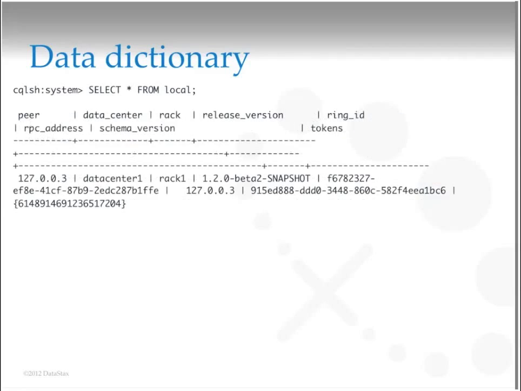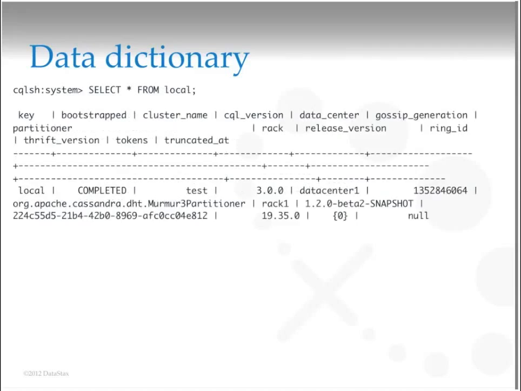You can see in the peers table, we know their network address, what schema version they know about, what data center and rack they're in, and their token, which you'll note because of the virtual nodes, is a set rather than a single entry. But compared to what we know about ourselves, we know a little bit more. We track some metadata about truncation time. That's actually a map of table IDs to the truncation times.